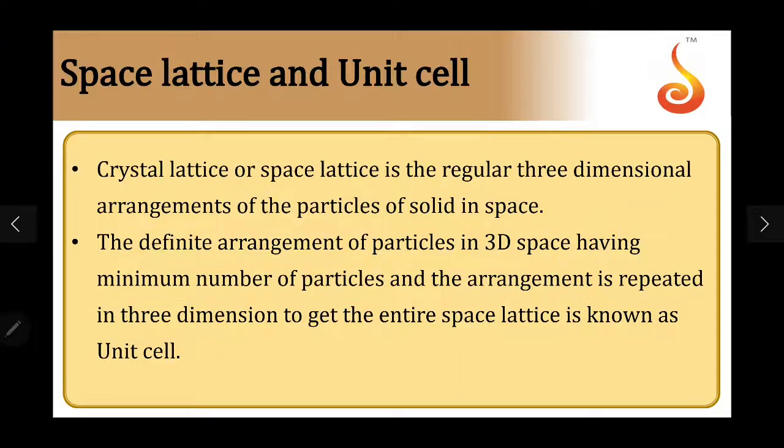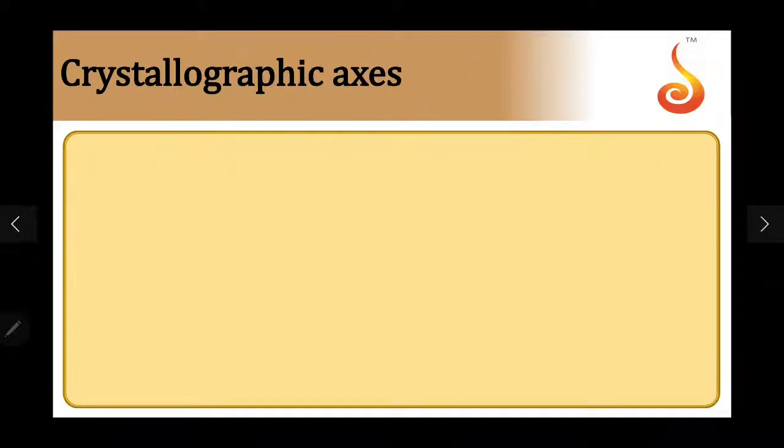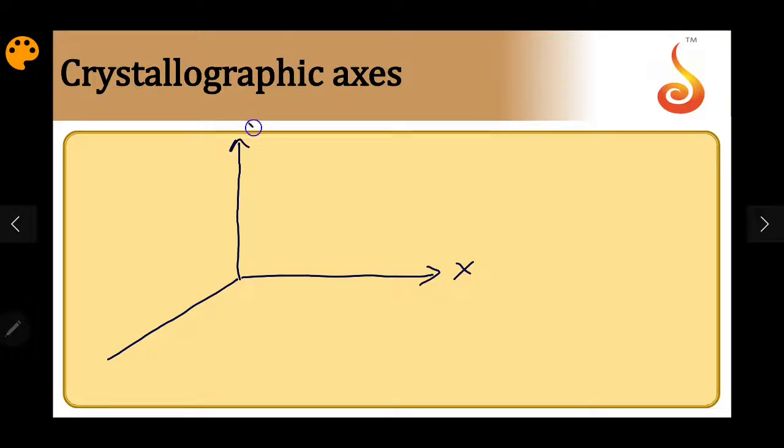Based on the basic parameters of the unit cell, before that we go to the crystallographic axes. The crystallographic axes are the same as the normal axes x, y, z. Here x, y, z are three axes.